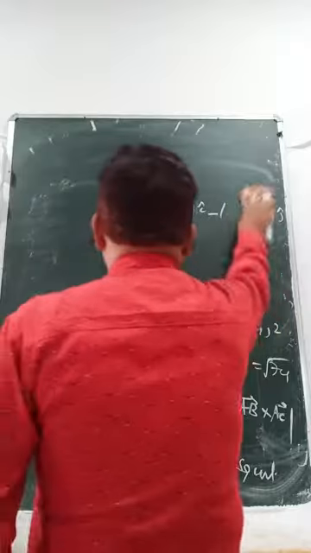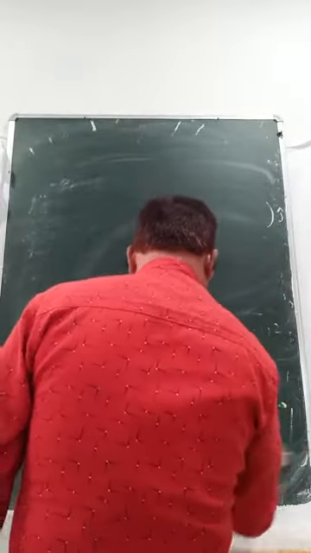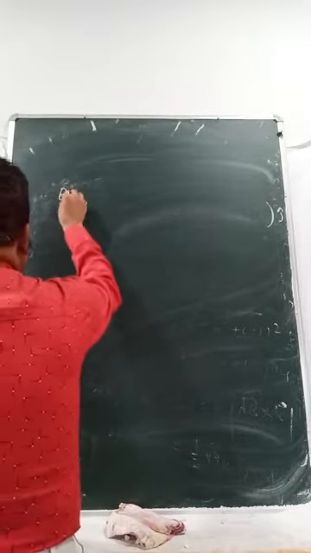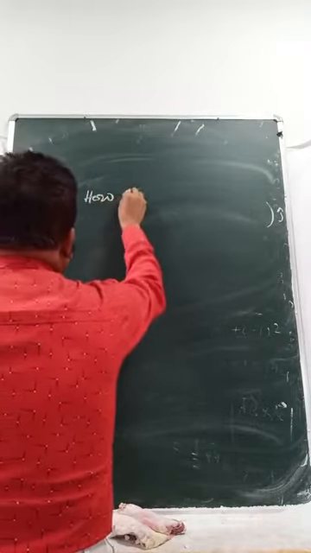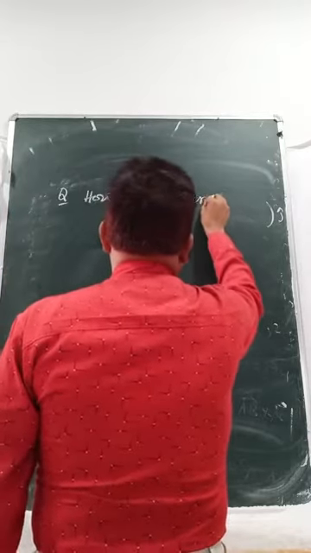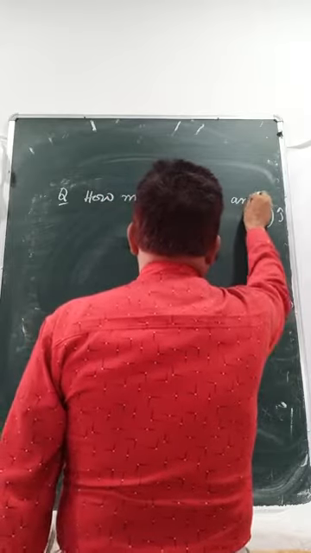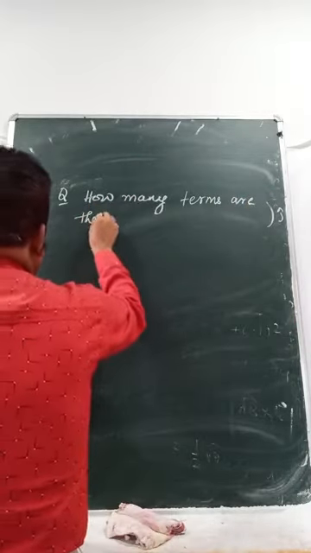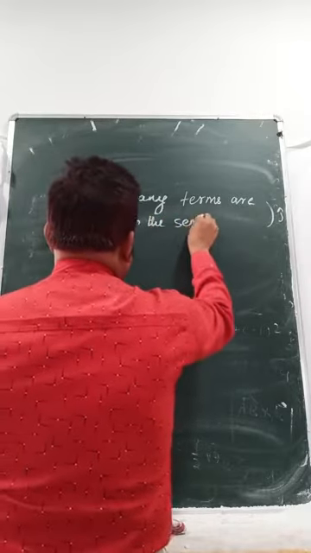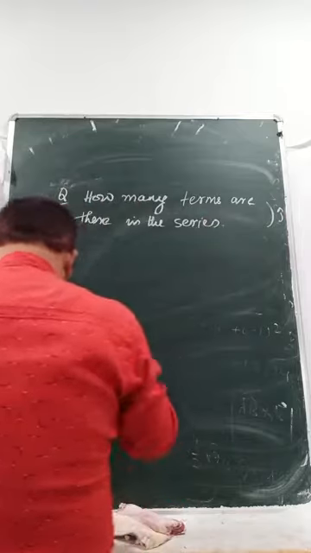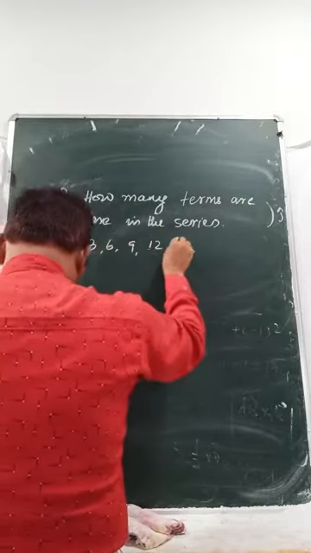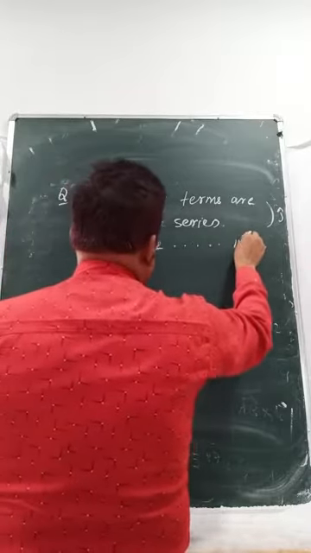That is, how many terms are there in the series? 3, 6, 9, 12, 111.